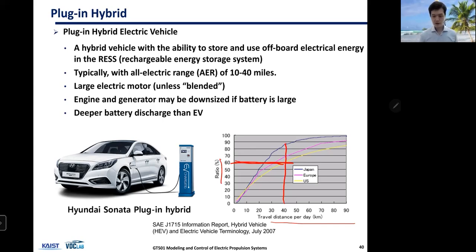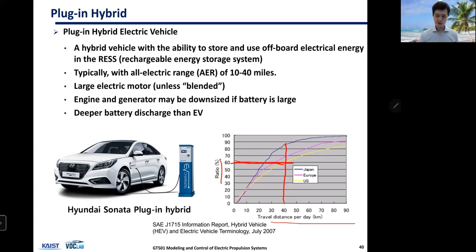Then why do we need a large, heavy, and expensive battery for EVs, right? Why don't we put in a smaller battery and add an engine for when you have to travel long distance?